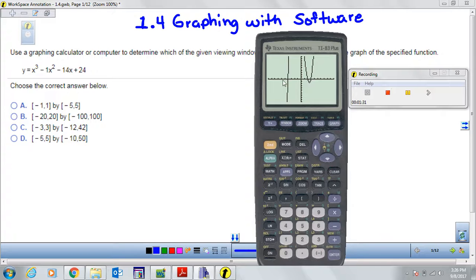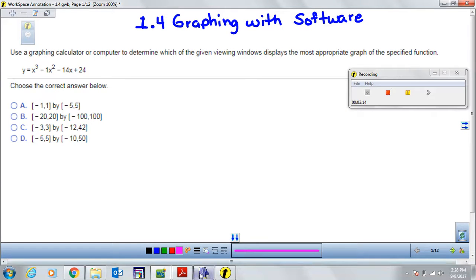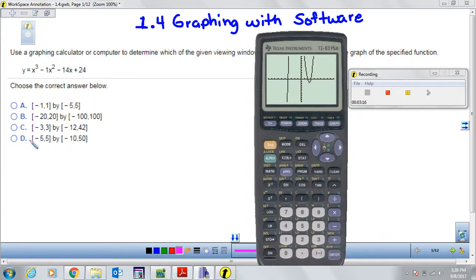So then, if I look at the answer choices, the only answer choice that covers something like what I'm telling you would be the last one. That would be sufficient. Talking about the domain, the first interval that you see here in the bracket: 1, negative 1, negative 2, negative 3, negative 4, negative 5.